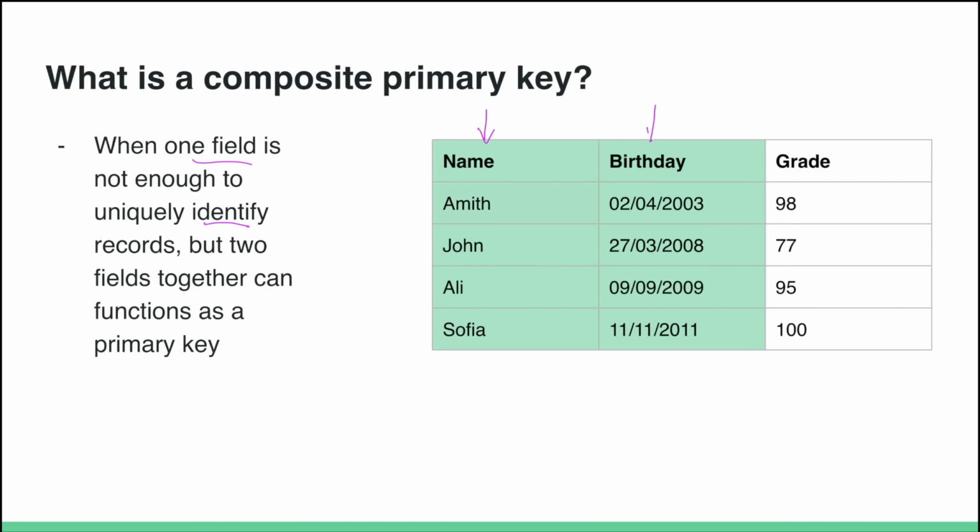But anyone having the same name and birthday as anyone else is extremely unlikely. So together, we could use both these fields as a composite primary key. And the usage of two fields to identify a specific record in a table is therefore referred to as the use of a composite primary key.